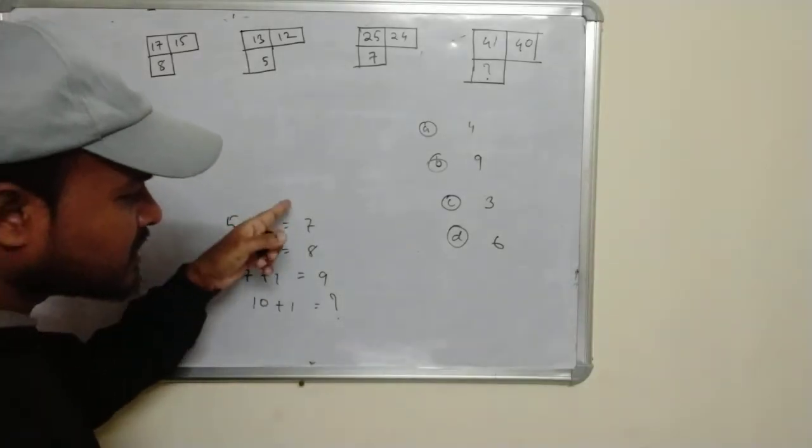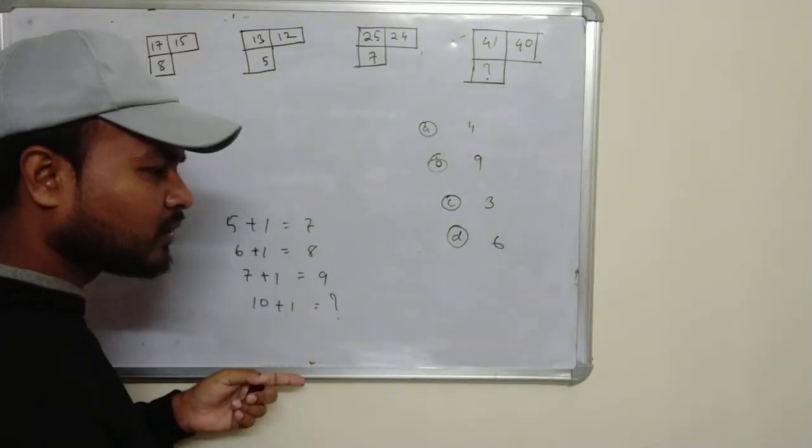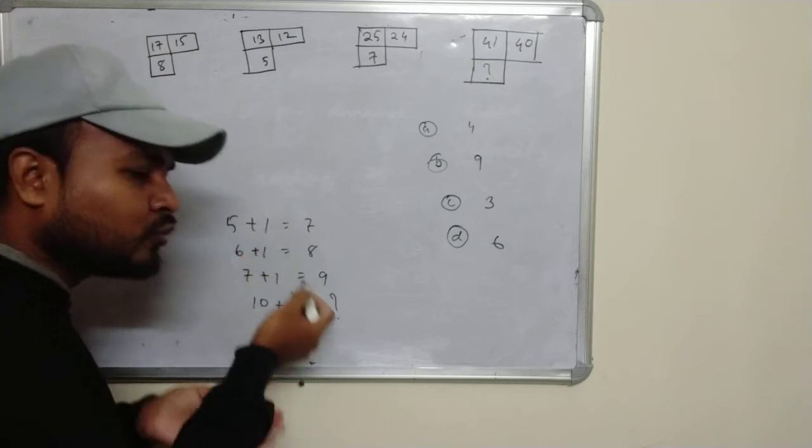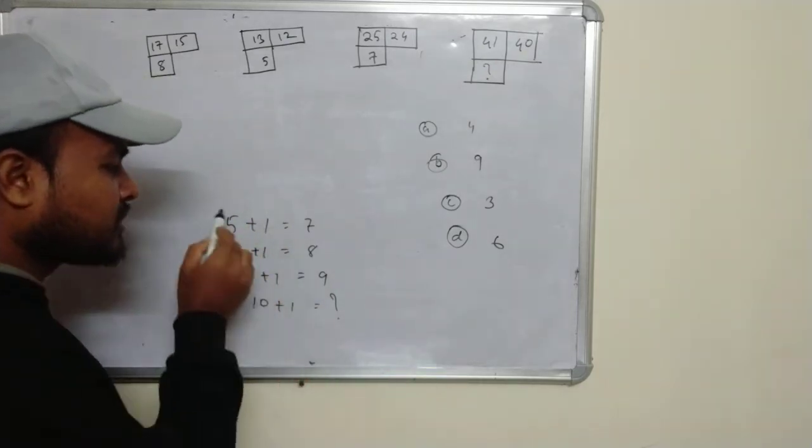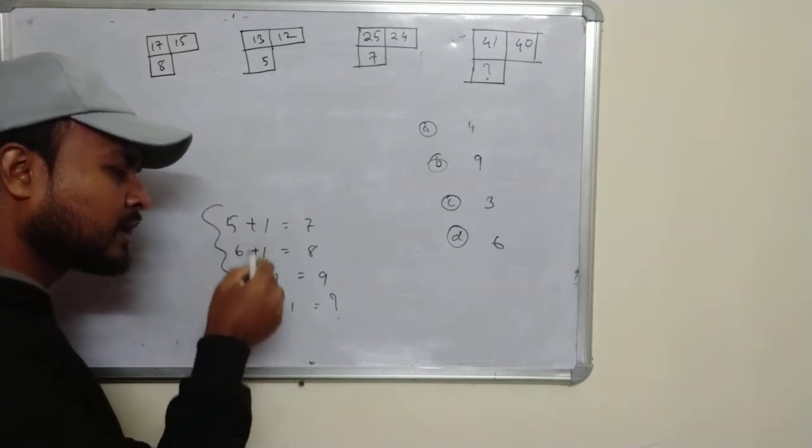This mathematics is not the correct mathematics, but I am giving a way of finding a logic. From these three calculations you can find out the logic.